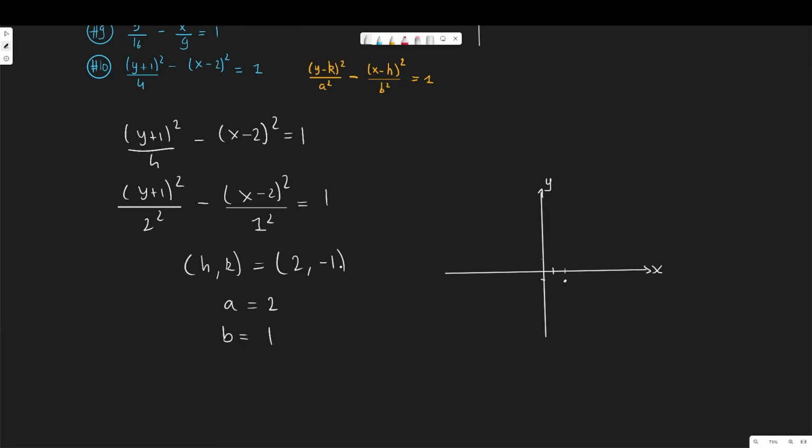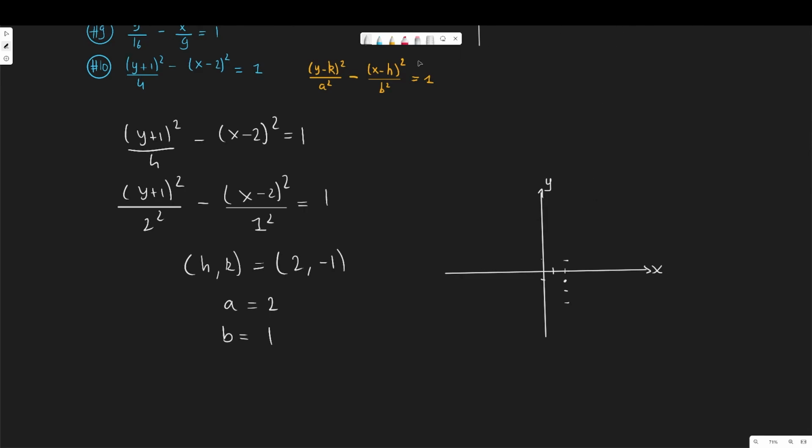So now, according to our general formula, a is underneath the y, so we'll have to go a steps in the y direction, and because a in our case is 2, we'll have to go 2 steps up, 1, 2, and 2 steps down, 1, 2, like so.